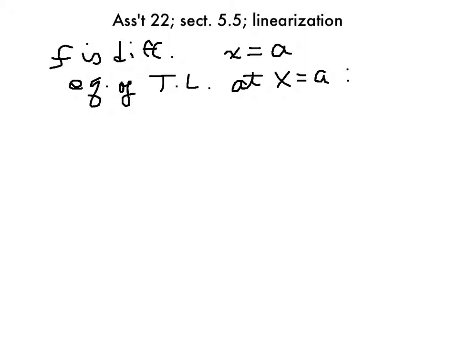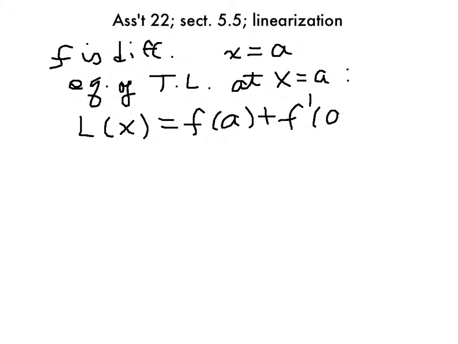So we know we go through the point (a, f(a)), and we know that the slope is f prime of a. So the equation of the tangent line, which is the linearization, is given by y equals f(a) plus f prime of a times (x minus a).